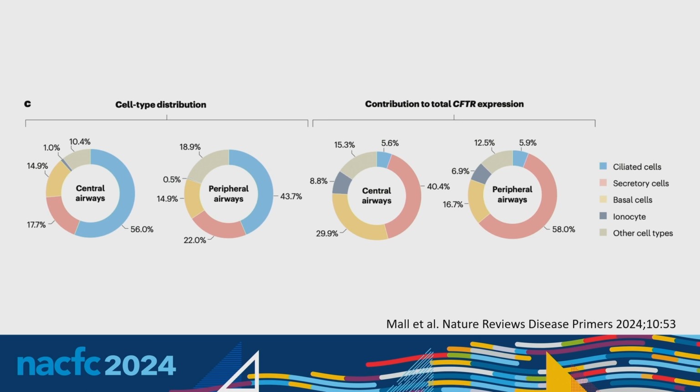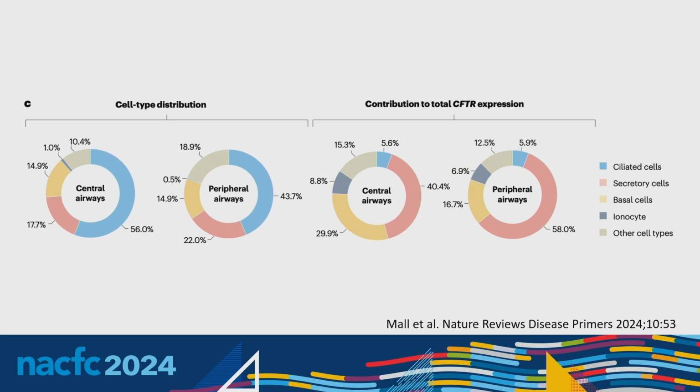We're getting in the ballpark of half of all the cells in the airways are ciliated cells. But then their CFTR role is more like 5-6%. So probably not as crucial to get the message to them. Ionocytes, on the other hand, are 0.5% to 1% of total cells, but they're 7 to 9% of CFTR expression. So again, not a huge percent, but relative to the number of cells they're pretty significant.